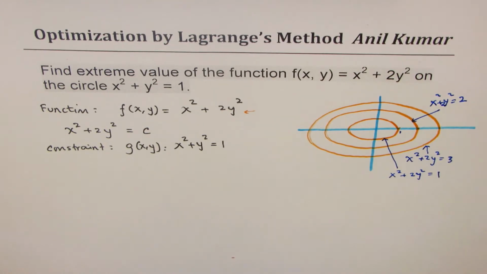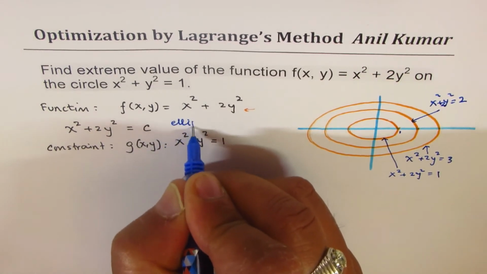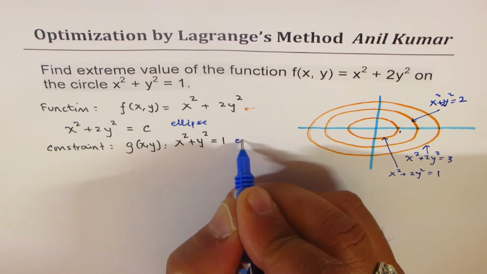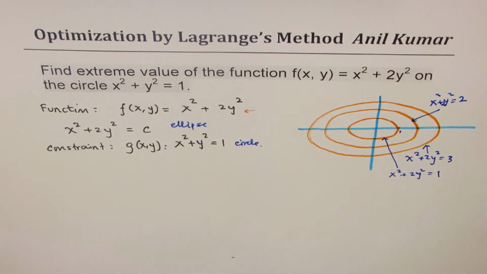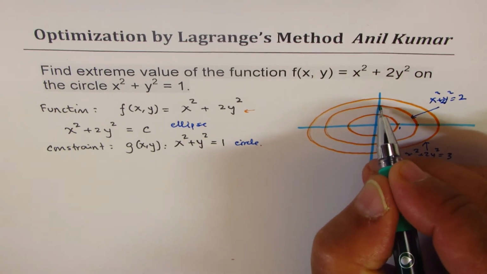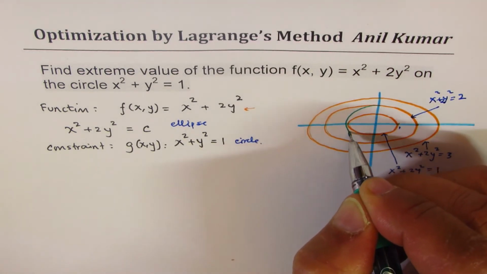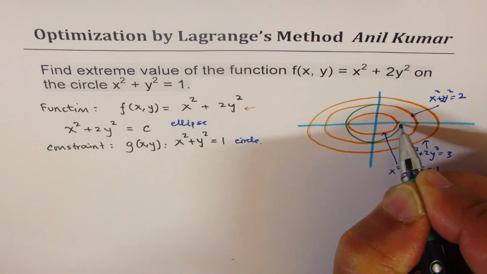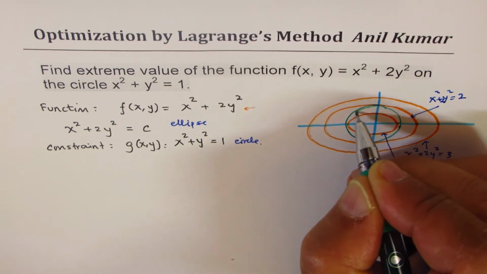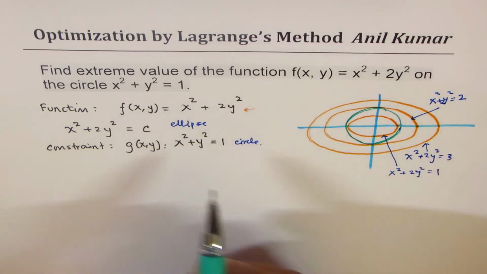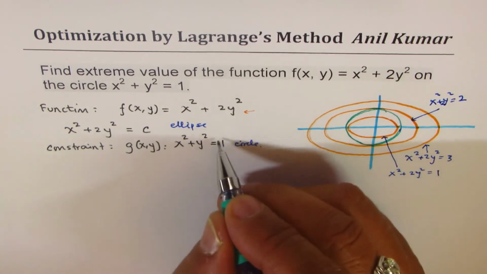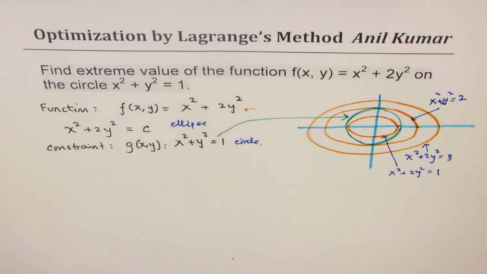So what you notice here is that this is an ellipse and this is a circle. So this circle you could draw kind of like this. So that becomes the circle representing the constraint. So this green part is the circle.